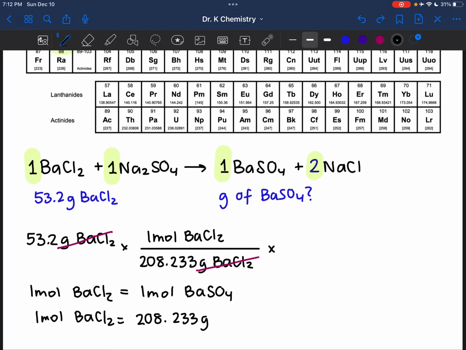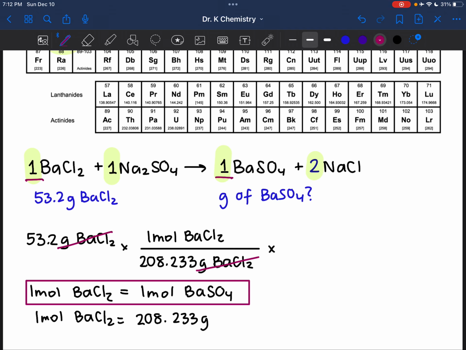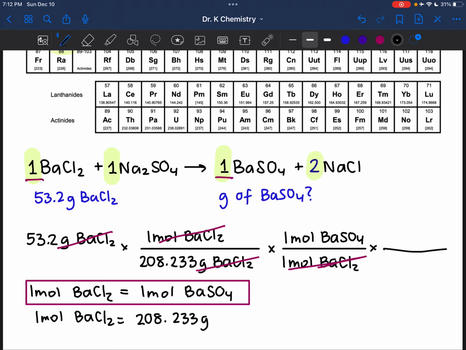But we're interested in grams of barium sulfate. So I can use the conversion that came from the balanced chemical equation that is telling us that for every 1 mole of barium chloride, we have 1 mole of barium sulfate. I want to get rid of barium chloride because I'm not really interested in that. And since barium chloride is up top here, I'm going to put 1 mole of barium chloride in the denominator, and 1 mole of barium chloride will give us 1 mole of barium sulfate. Now we can cancel the moles of barium chloride, and I can finally convert the moles of barium sulfate to grams of barium sulfate.